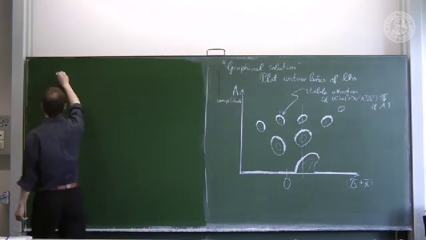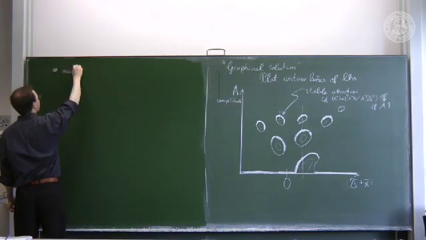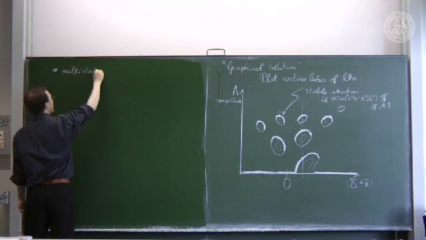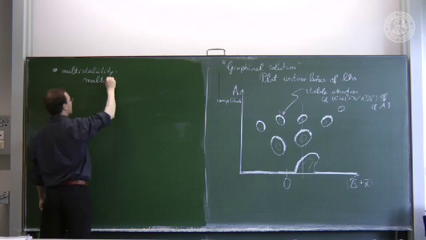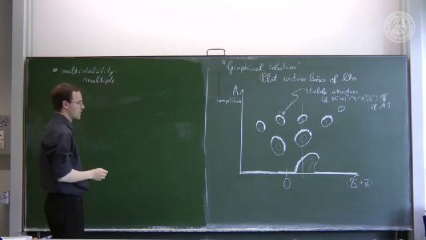So some notes. First is the multi-stability. That is, you have multiple attractors for fixed external parameters.